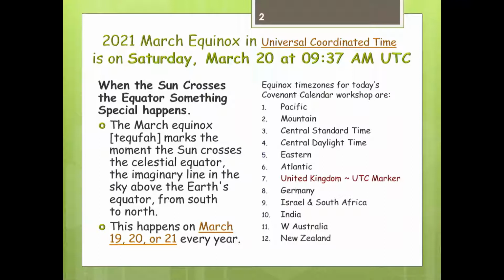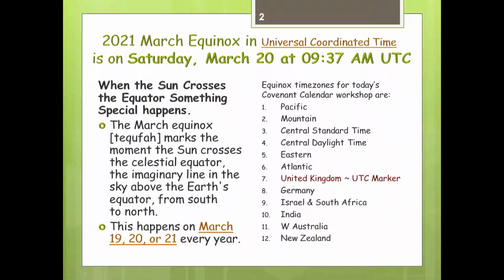Eastern Time and Atlantic Time are the time zones that mostly cover North America and, of course, South America. The United Kingdom is the area where you have this universal coordinated time marker. Then Germany, where we have several members, and Scotland, in that area. Israel and South Africa are basically in the same time zone. Then India, West Australia, and New Zealand. Those are some of the ones we'll be looking at today.